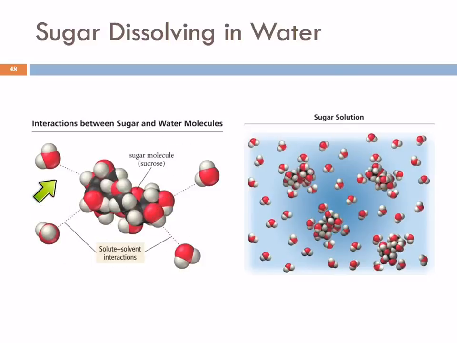And so the sugar will dissolve in water, but there are no ions involved, and so it doesn't conduct electricity. But the sugar molecules have little clusters of water around them, replacing the interaction between the sugar molecules that made it a solid at room temperature.